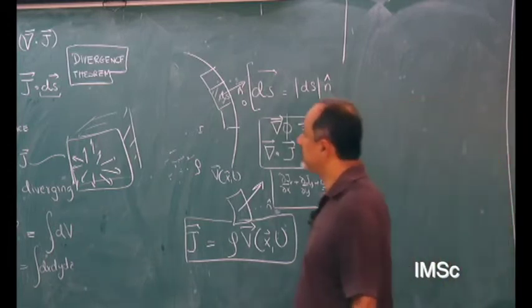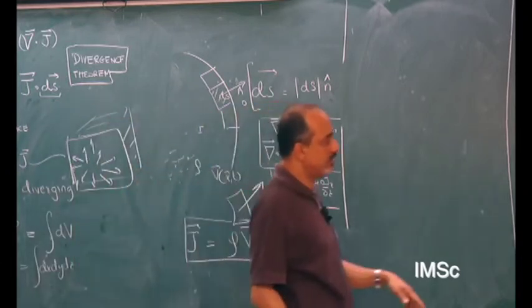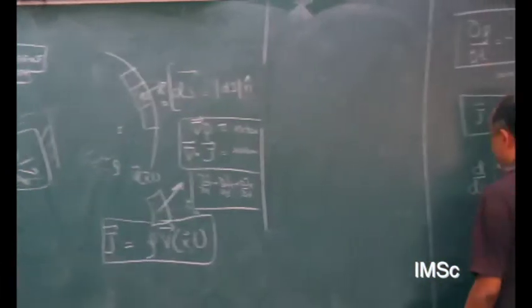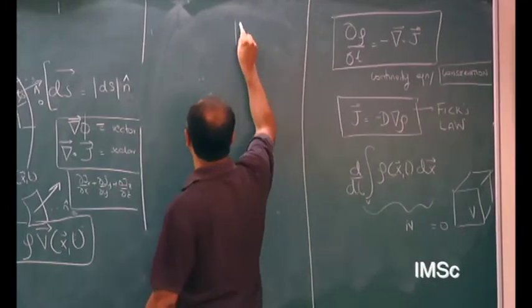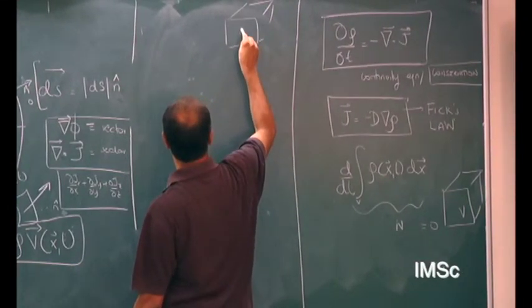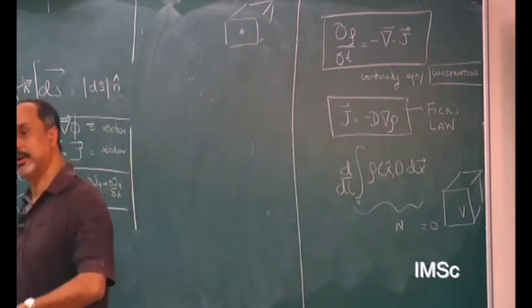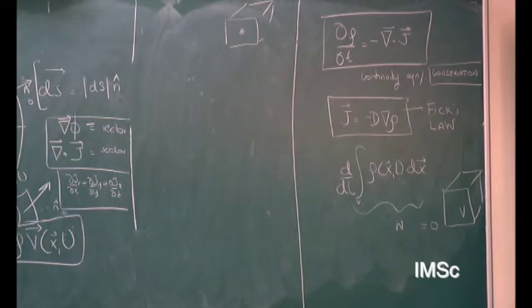So the usefulness of writing it in this form is here, if we don't worry about the full box, but if we only worry about a small volume inside that box, suppose I'm just looking at a tiny little volume inside here. So I can count the number of particles inside that volume. That's just the integral of the density across that volume.